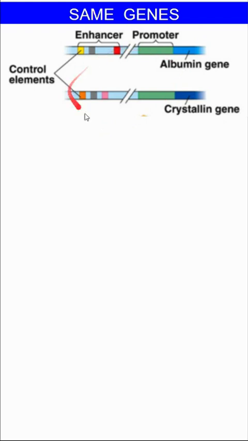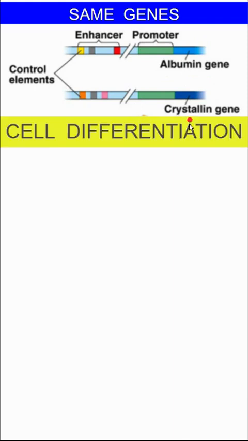So in every single cell in your body, you're going to have the gene for albumin and the gene for crystalline. However, not every single cell in your body, and you have about 200 different types of cells, is going to actually transcribe different genes. So we call that differential gene expression. You have the same genes, but different cells are going to express different genes.